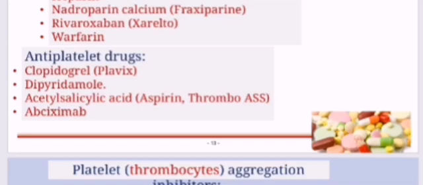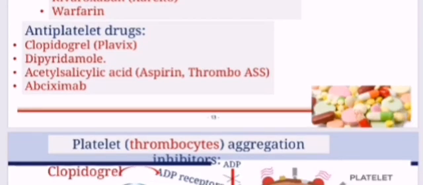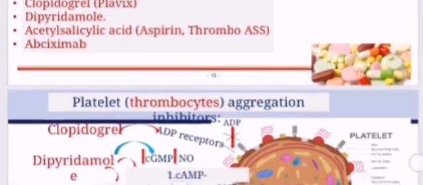Antiplatelet drugs: clopidogrel, Plavix, dipyridamole, acetylsalicylic acid, aspirin, thrombo, abciximab. These are antiplatelet drugs.